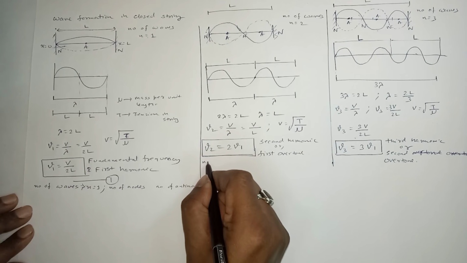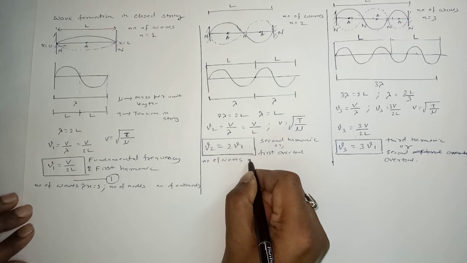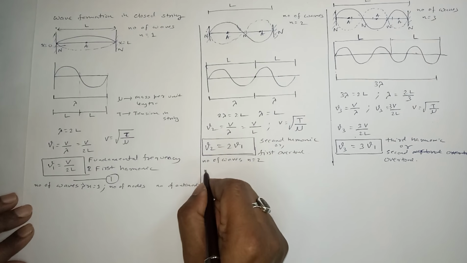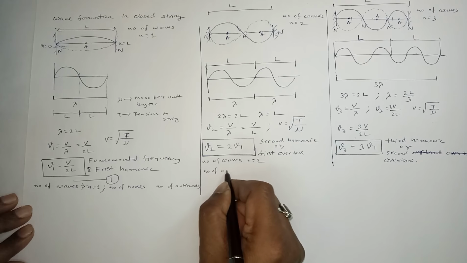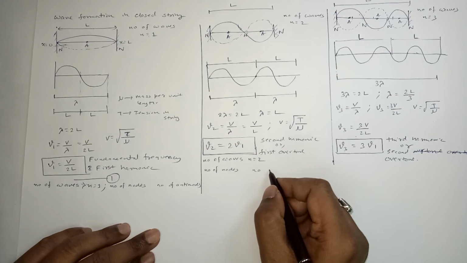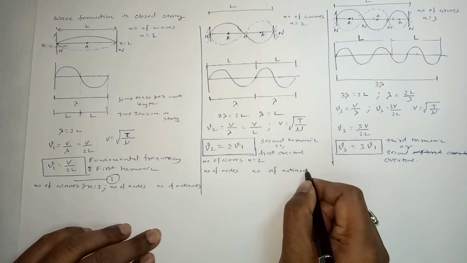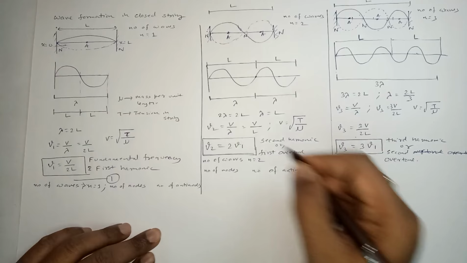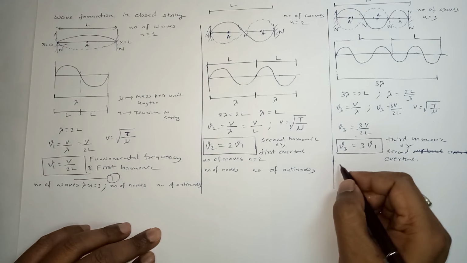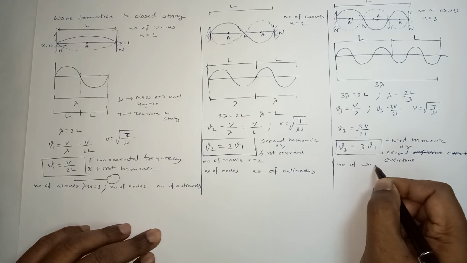Again in this case n was equal to 2, so again the number of nodes and number of antinodes. You need to count that and write as I go forward in this lecture.